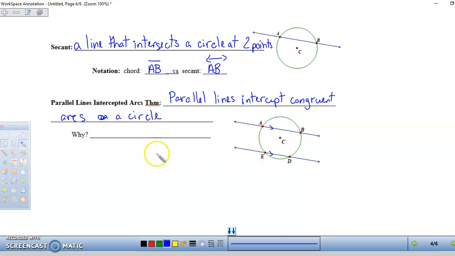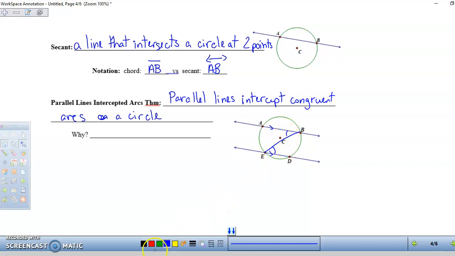Okay, this one's actually pretty easy to prove. So what I'm going to do first is just connect E and B. We do not know that this is a diameter. It doesn't have to be. But if you connect E to B and you know that these lines are parallel, then we have this Z. And remember, Z's tell us that alternate interior angles are congruent.